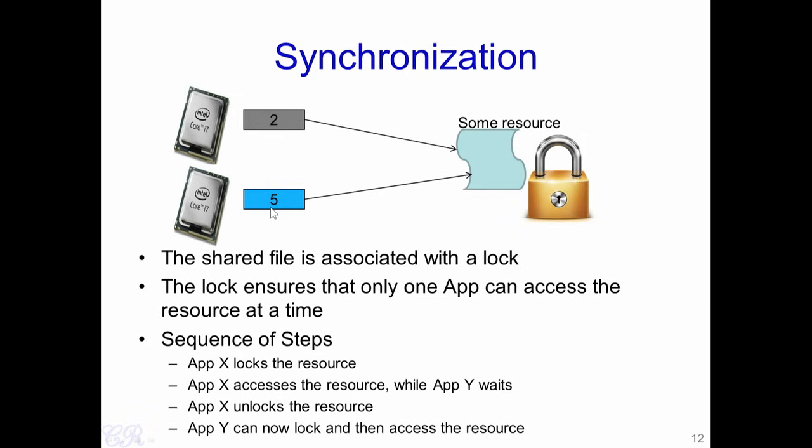In order to use the resource, application 5 will first lock it, ensuring that no other application can then use the resource, and at the end of its usage it will unlock the resource. Unlocking will allow other applications to use this shared resource.